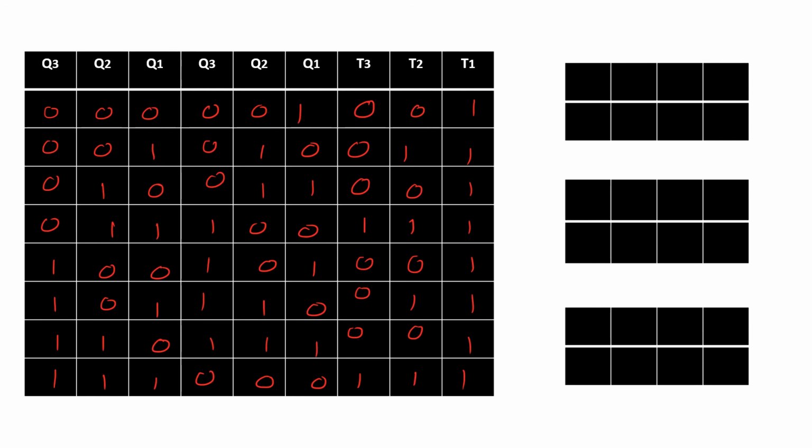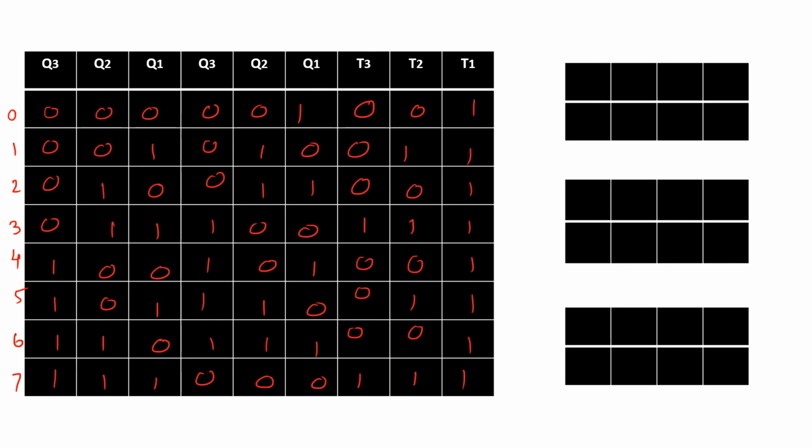Now we will construct the synchronous mod 8 up counter with the help of T flip-flop. I have copied this table from step number 3. As usual, we will write the decimal equivalent for all the inputs here so that it would be easy for us to put the values in the K map. We are having now 3 inputs T3, T2 and T1, so we will be making 3 K maps for that.